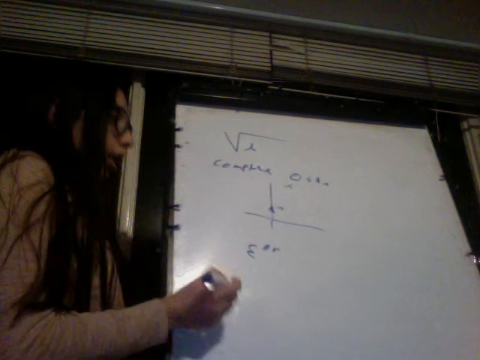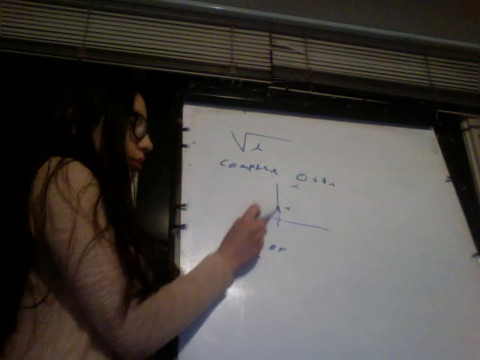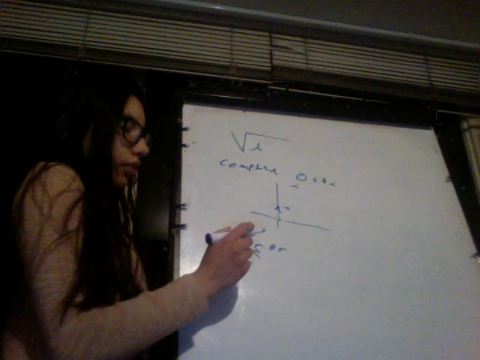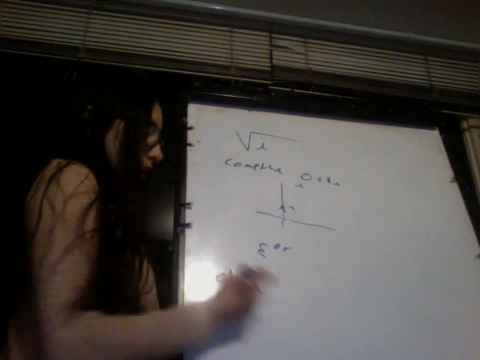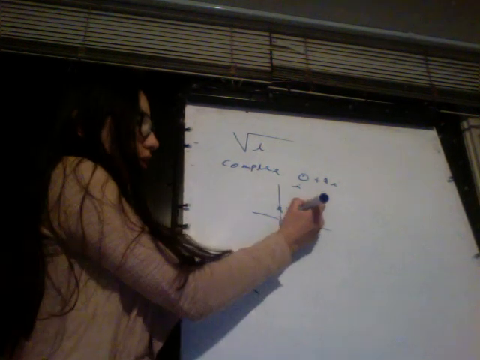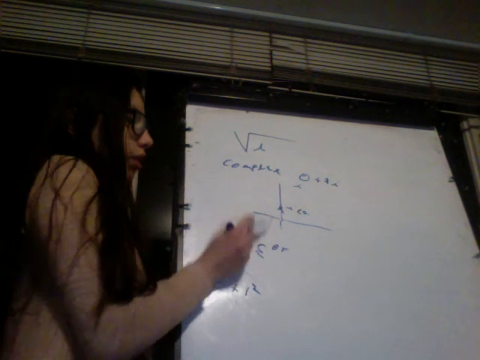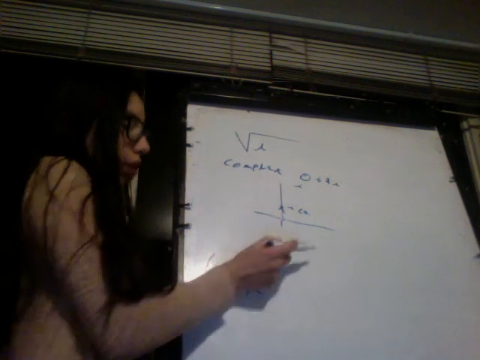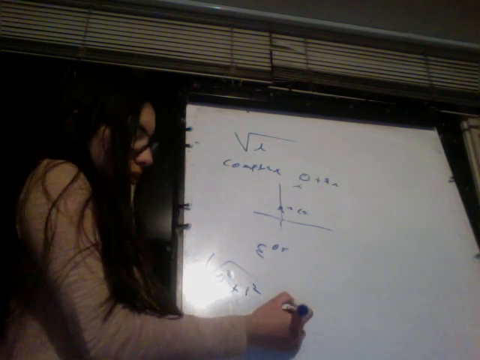So here the modulus would be the root of 0 squared plus 1 squared, because this point is (0, 1), and here is (0, 0), so 0 minus 0 and 1 minus 0, we have 0 squared plus 1 squared, this is just 1.